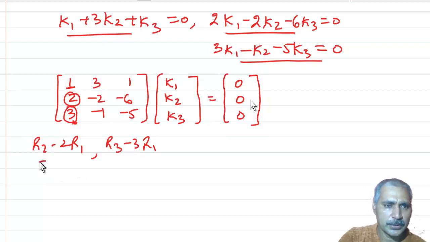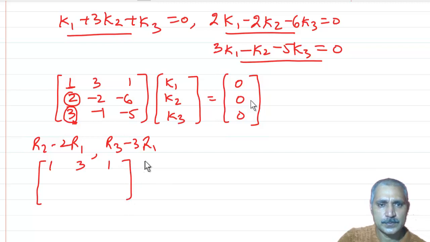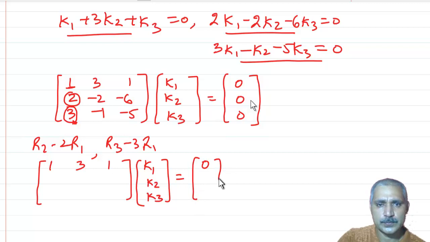We will be doing that operation here. R2 and R3 we are changing, so R1 will remain the same. So it is 1, 3 and 1, k1, k2 and k3, that is equal to 0.